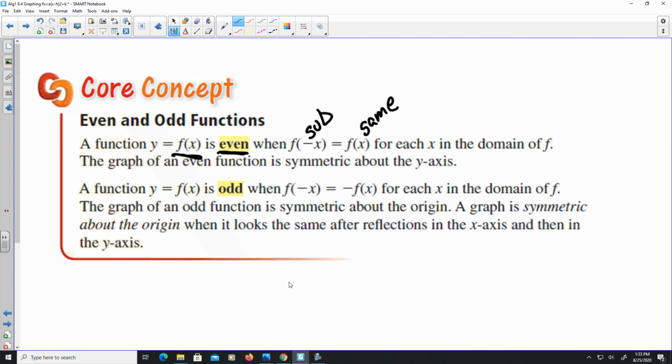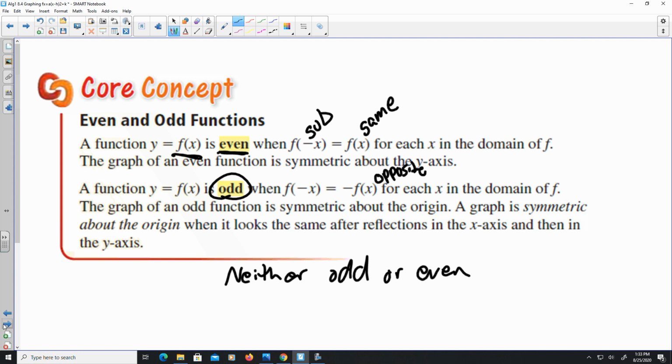If you do the exact same thing and you get the opposite of the function, then it is considered an odd function. Finally, there is a situation where it's neither the same nor the opposite. If you get that type of scenario, then you can say it's neither odd nor even.